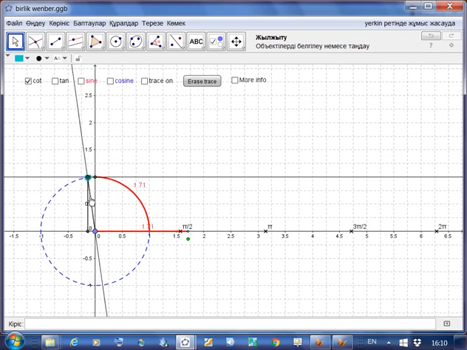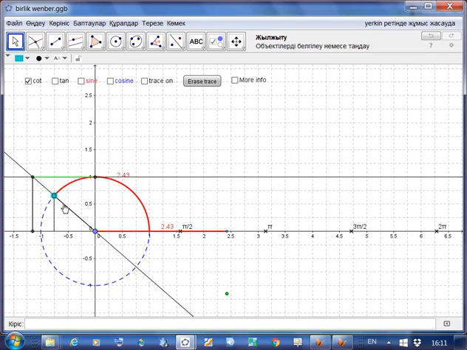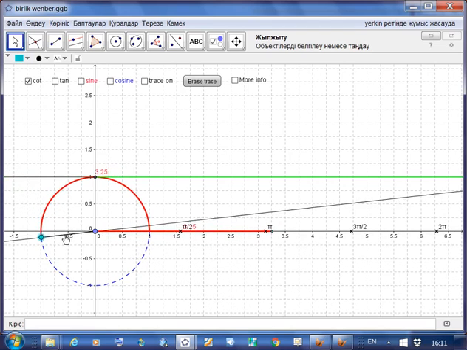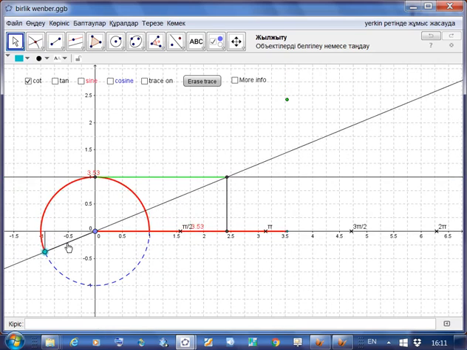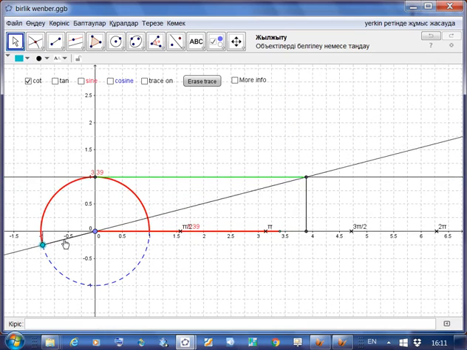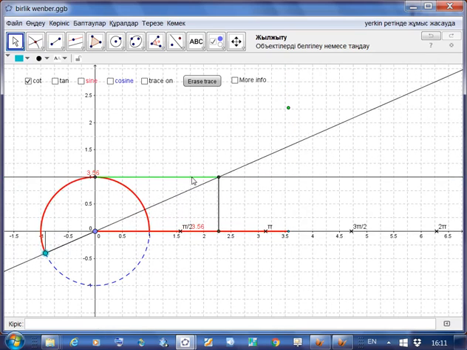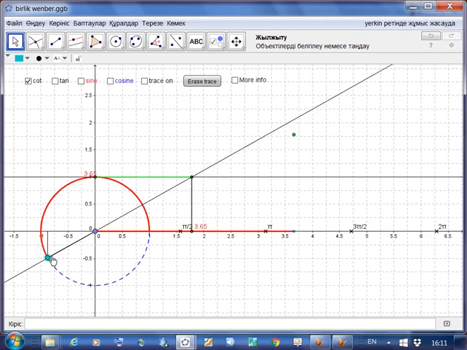After 90 degrees, in the second quadrant, the length of this line segment is increasing, but in the opposite direction. So the value of the cotangent is decreasing, and it's negative. Here in the third quadrant, when the angle is bigger than 180, again the value of the cotangent is positive, and it's also decreasing.